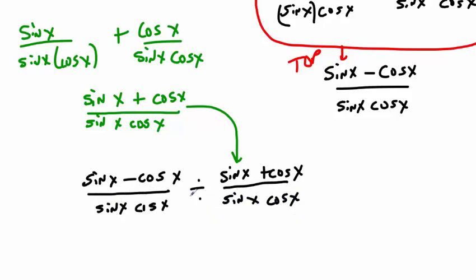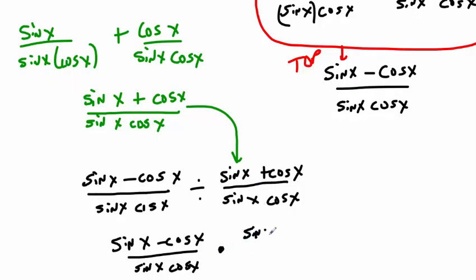Well, we know when we divide fractions, what happens? We keep, change, flip. So keep the first, so I get sine x minus cosine x, and on the bottom, I still have this sine x cosine x. We change the sign to multiply and flip the fraction around, so sine x cosine x, on the bottom sine x plus cosine x.